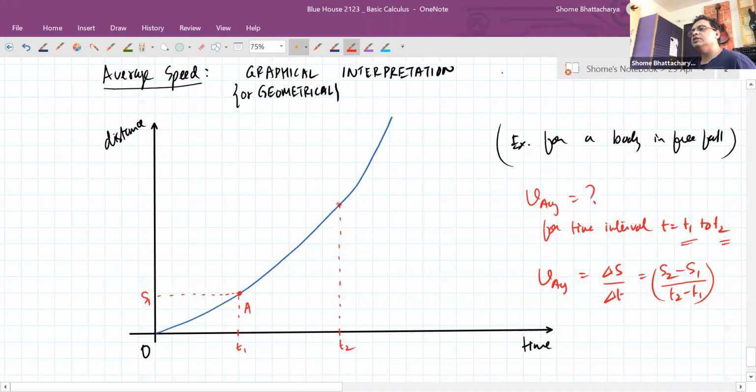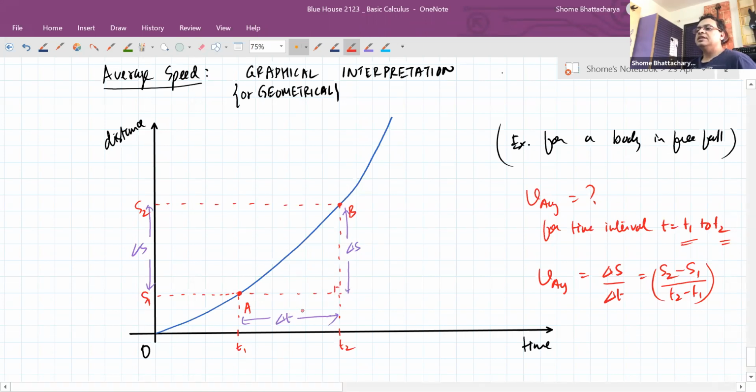So this point where it meets the graph, this point represents a distance coordinate of s2 for a time coordinate of t2. So notice that in this graph now, this here represents my delta t, this interval between t1 and t2, whereas this interval now represents my delta s. That is the same as this line over here, because this is just a continuation of this horizontal line.